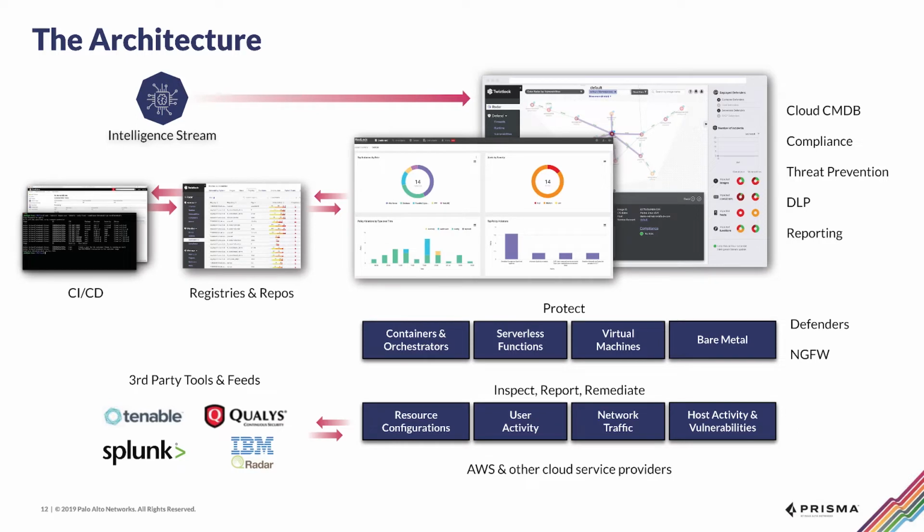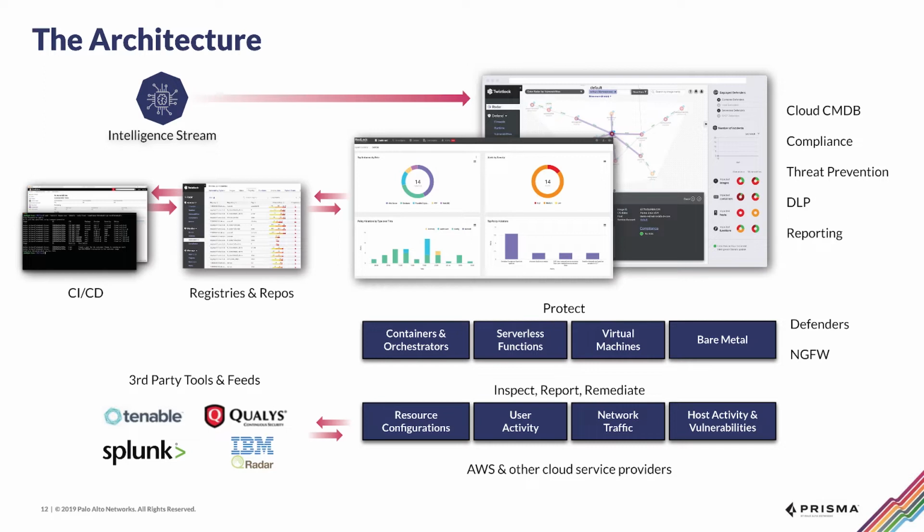A busy slide. So what I was talking about in my last sentence was CI/CD. So we are integrating with the architecture directly here. We are going into the registries and into the repos where you have your software, where you're running your processes from. And as you can see, we have a lot of things to offer. We have a cloud CMDB, meaning we bring visibility with our solution into your environment.